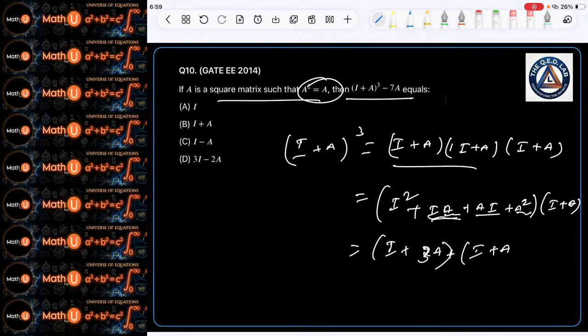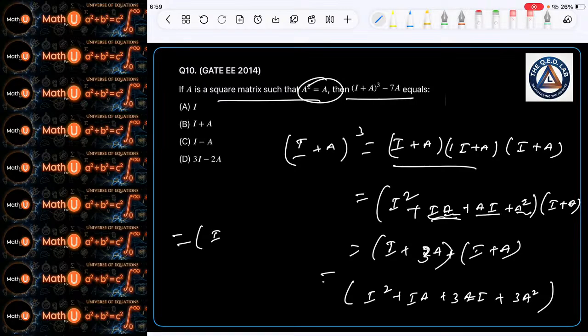I plus A. Multiply again these two: we get I into I square plus IA plus 3AI plus 3A square. If you simplify this, we get identity plus A, and in place of A square replace A, so we get 3A and 3A, that is 7A.